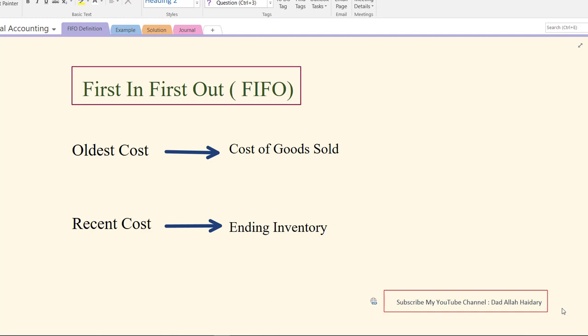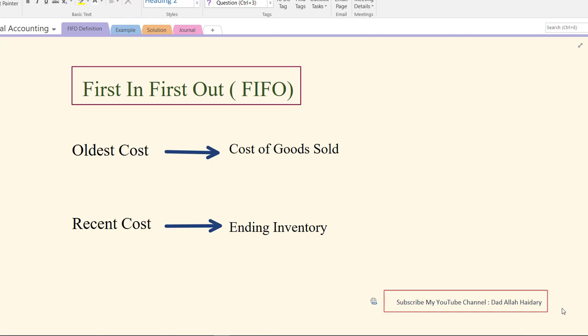So students, the concept of the first in, first out method is, as is clear from the name as well, that those inventories which are purchased earlier by the business are going to be sold first of all. It means first in. Those inventories which are the oldest inventories are going to be sold first of all. So the oldest cost is the cost of goods sold.